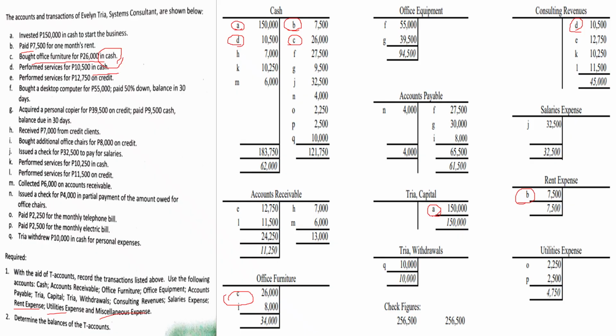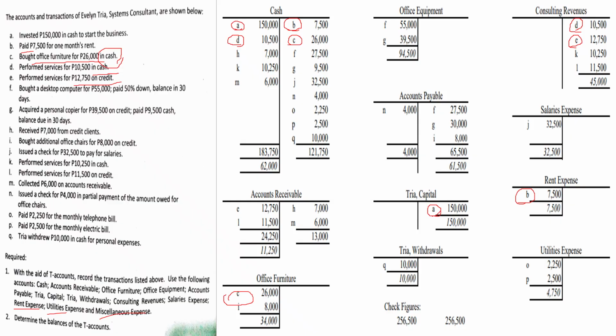On letter E, we perform services for 12,750 on credit or on account. So again, when we perform services, our revenue will increase, right? Because we earned from rendering services. So letter E is an increase in consulting revenue. Increase in revenue is on the credit side. So we place letter E here, 12,750.